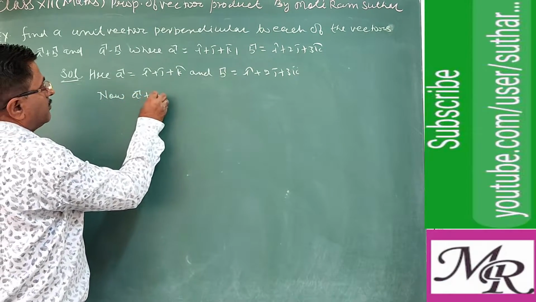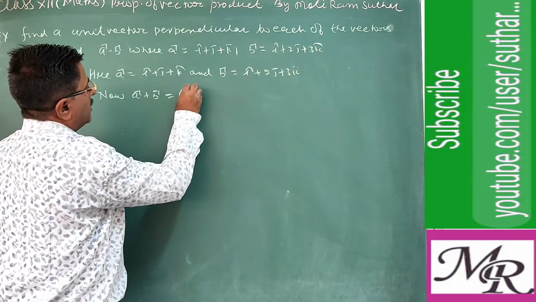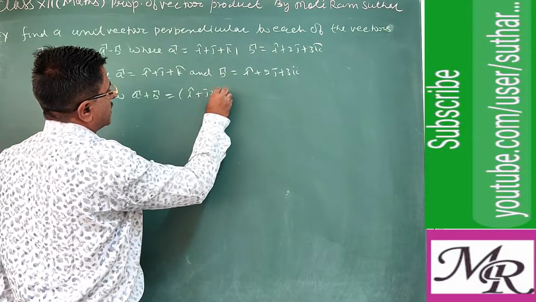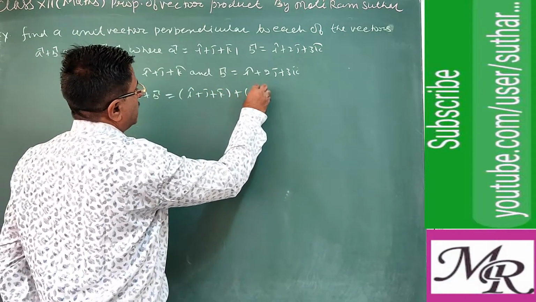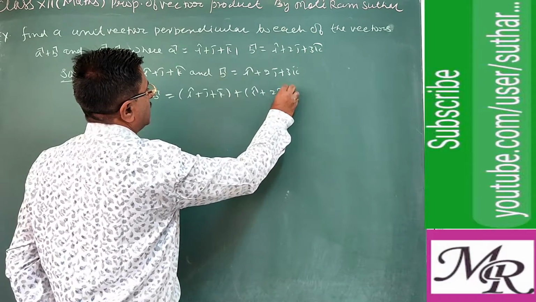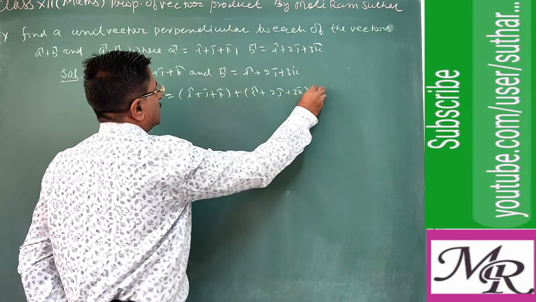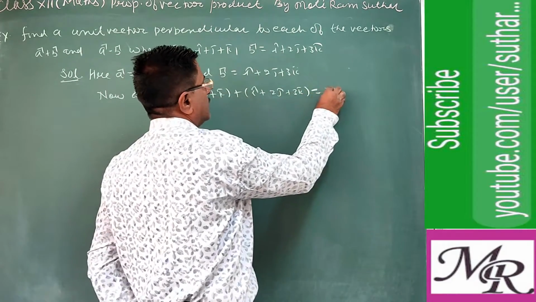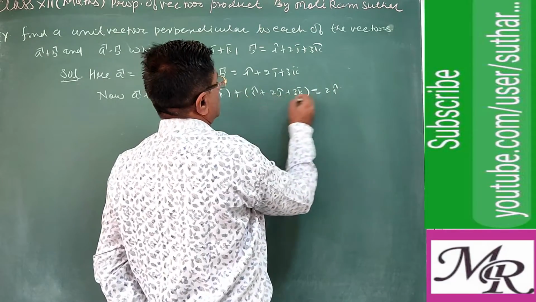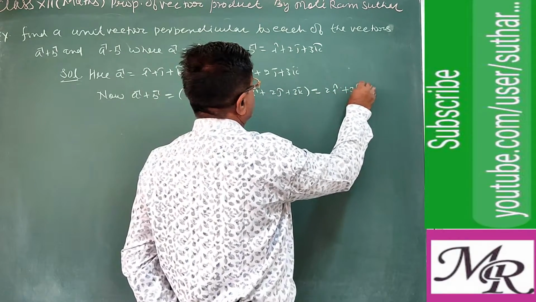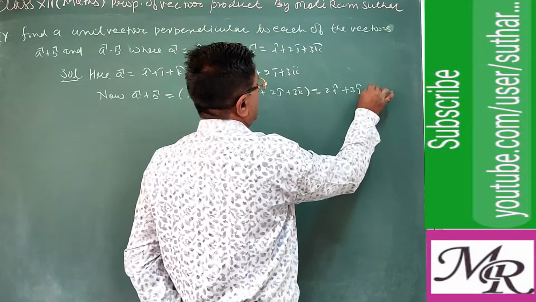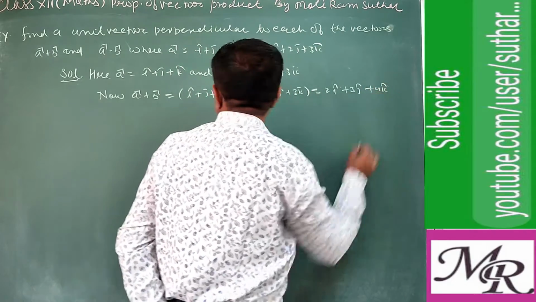So vector A plus B, that is i plus j plus k, added with i plus 2j plus 3k. So i plus i, 2i cap, j plus 2j, 3j cap, k plus 3k, 4k cap.